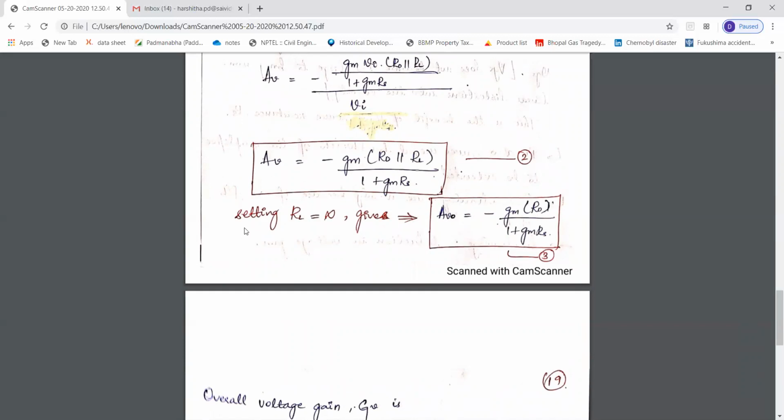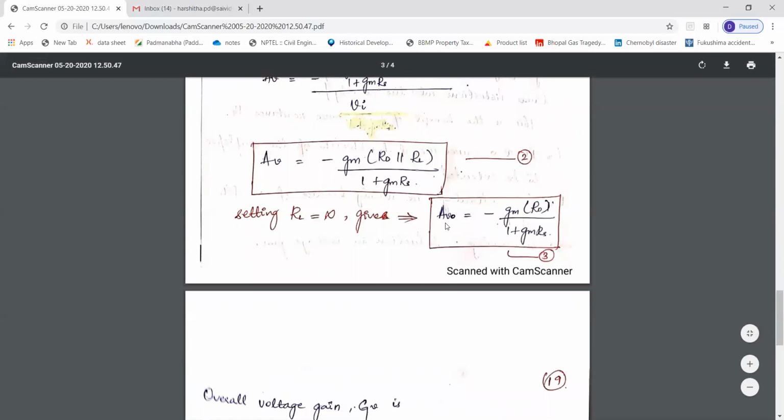Now we need to calculate the overall voltage gain, starting with the open circuit voltage gain. Open circuit voltage gain means RL is infinity, meaning it is not present at all.